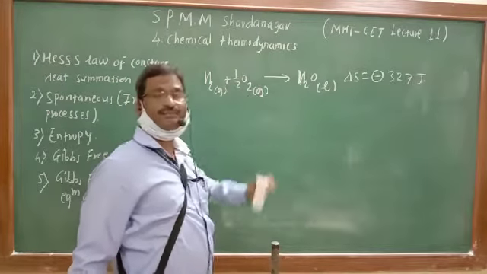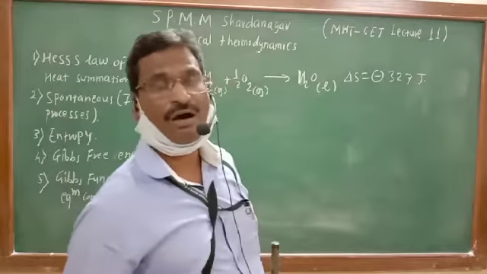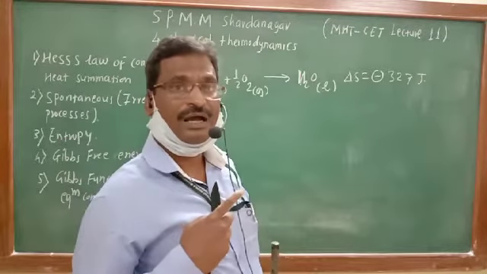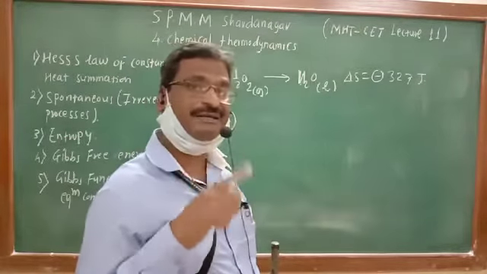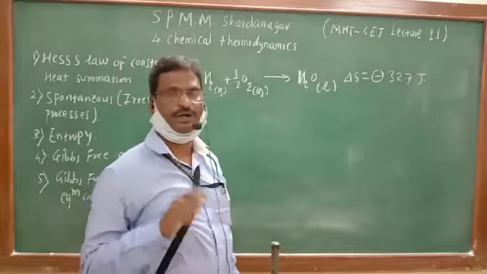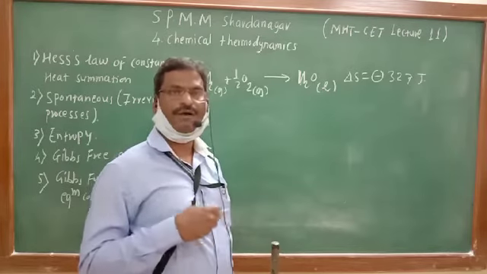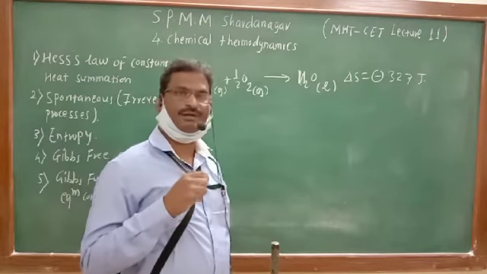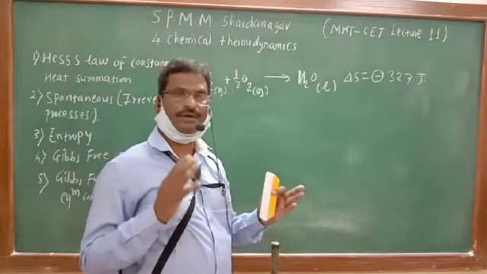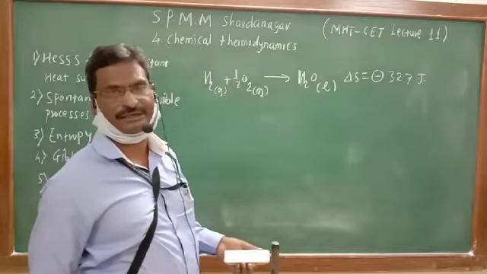So why is this spontaneous? For that purpose, the second law of thermodynamics has given the explanation that entropy of system plus surrounding continuously increases. During a spontaneous process, the summation of entropy of system and surrounding goes on increasing.